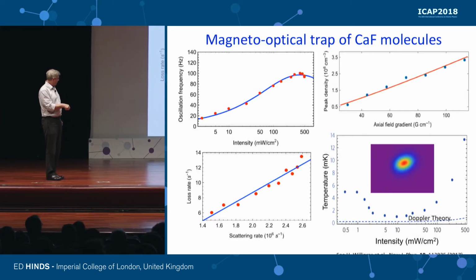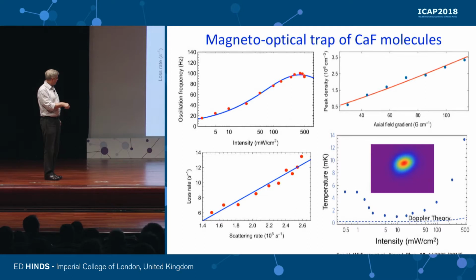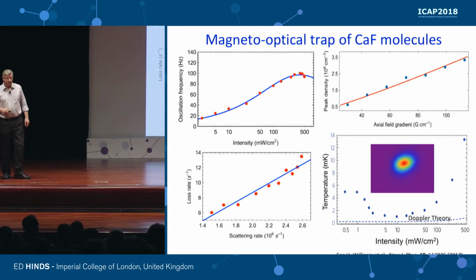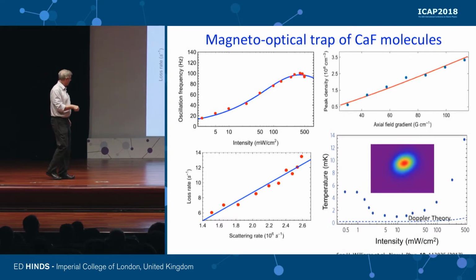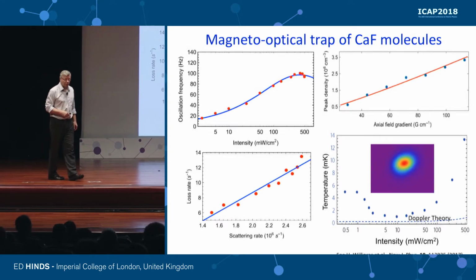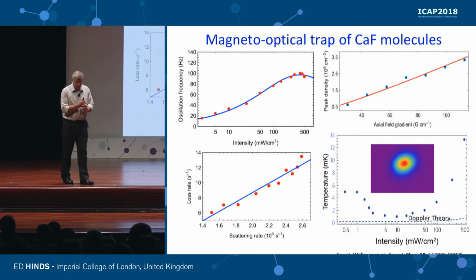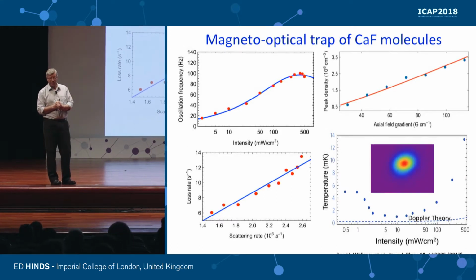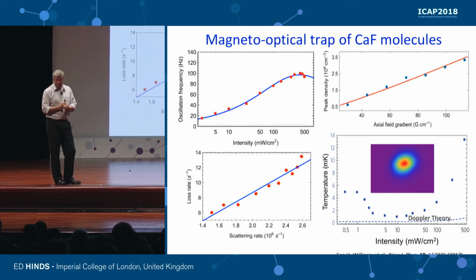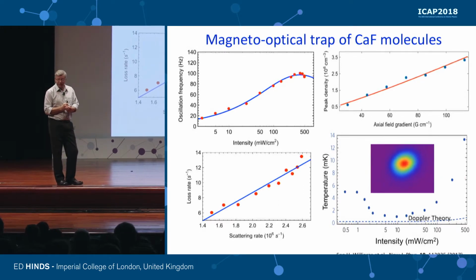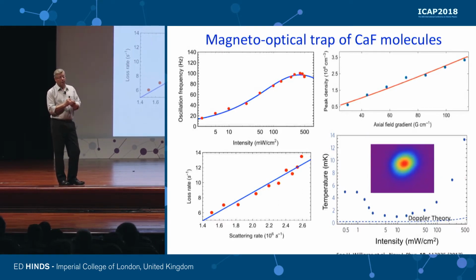But it reaches a minimum, and if you continue to turn up the intensity, the temperature goes back up again. And that minimum is still quite hot in comparison with the Doppler theory. So although the conservative part of the trapping potential is well described by Doppler theory, the dissipative part is not, and that is why the temperature is high.